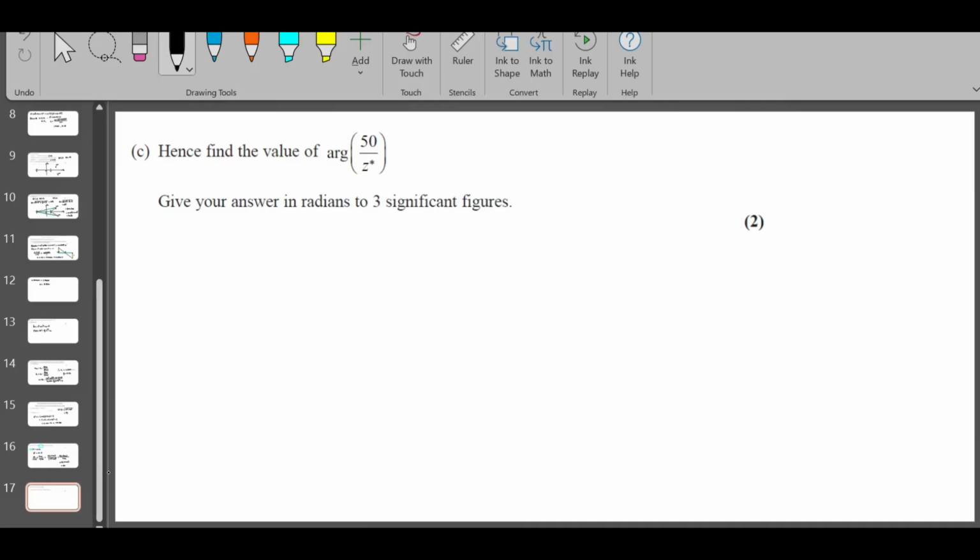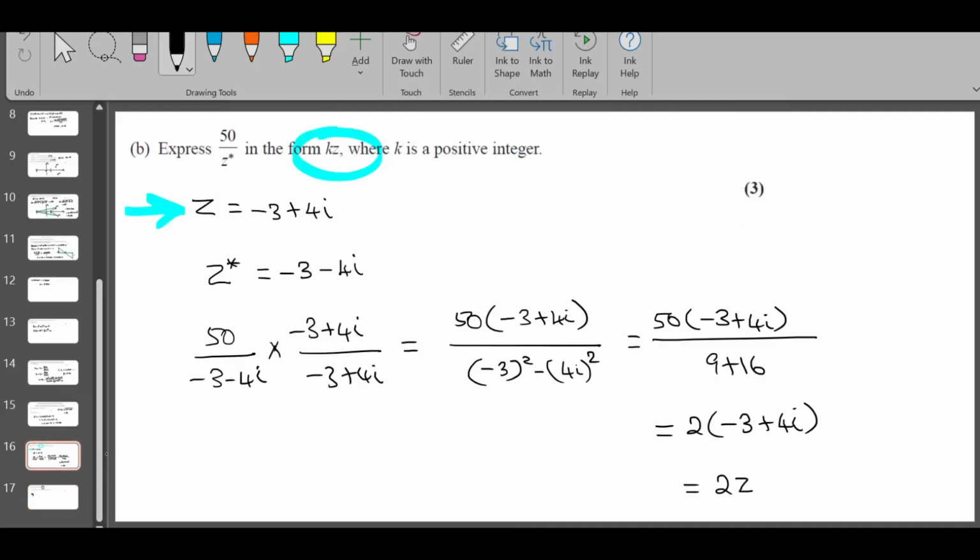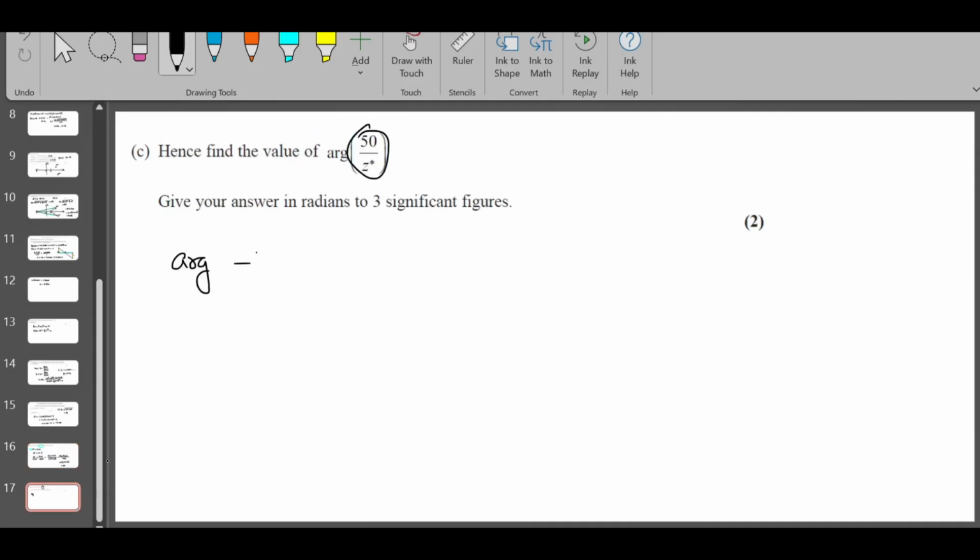Hence find the value of argument of this. So we need to find the argument of this, which is basically 2z, right? 2z is minus 6 plus 8i. Minus 6 plus 8i. To find this, first find tan inverse of y over x.